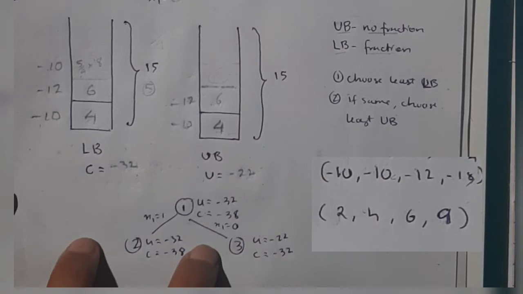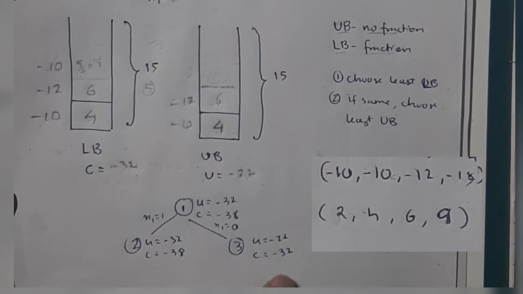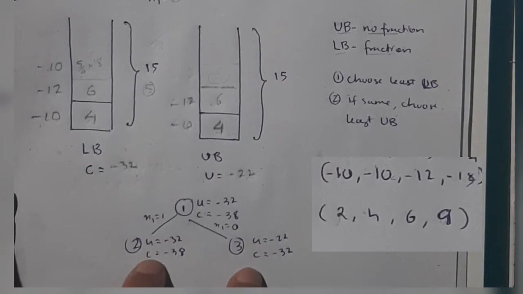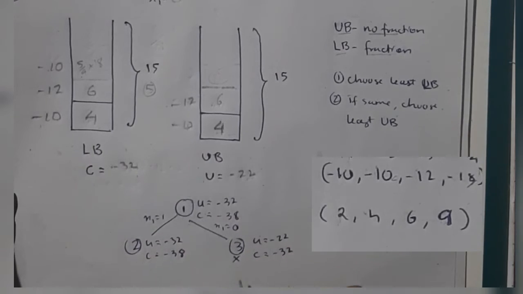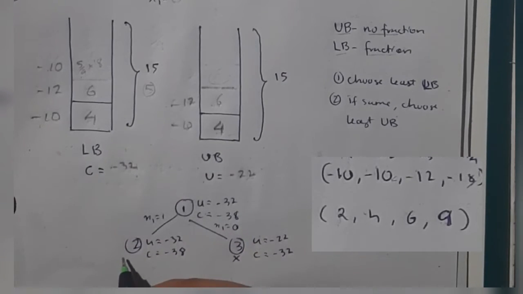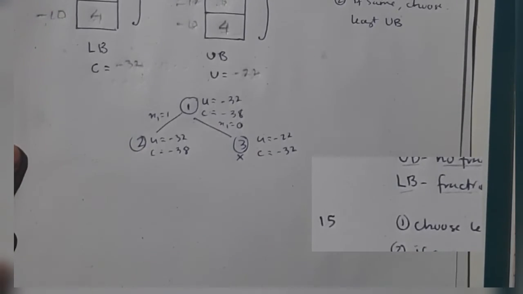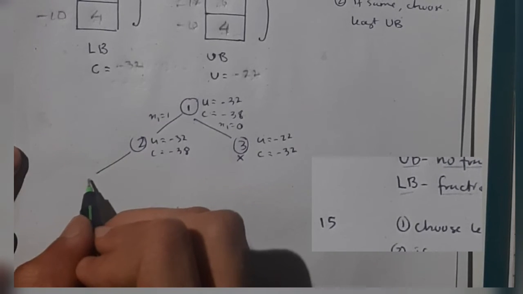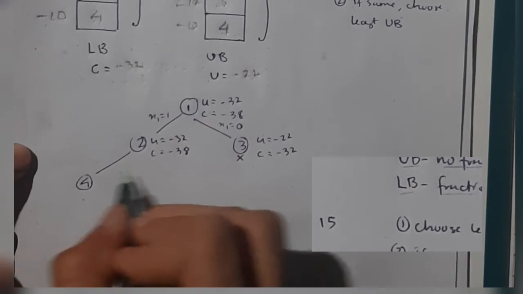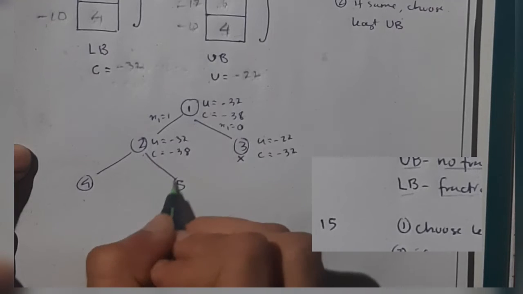Now in this step we have to choose this one or this one. What's the rule? First we start from the lower bound. The lower bound for this one is minus 38, the lower bound for this one is minus 32. Which one is smaller? Minus 38 is smaller. So kill the other node here, then expand from this node. We'll get two possibilities: node 4 and node 5.